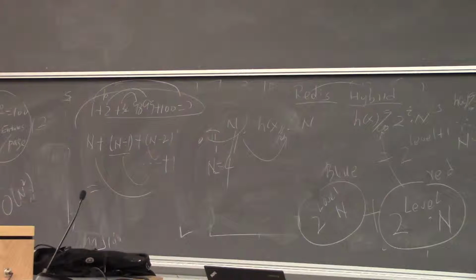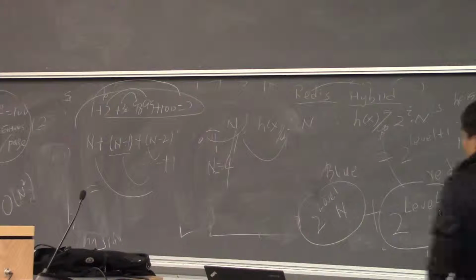If you always choose the median as your pivot, each time the size of your sequence is reduced by half. Right?